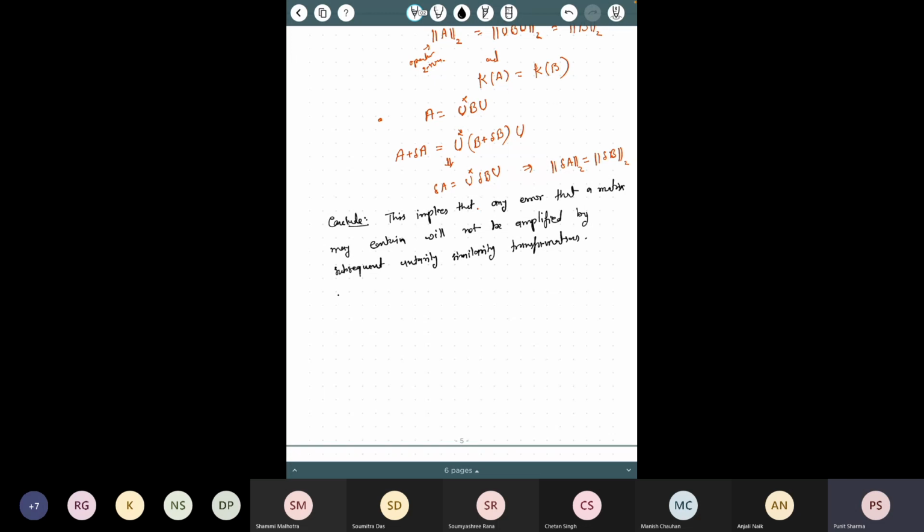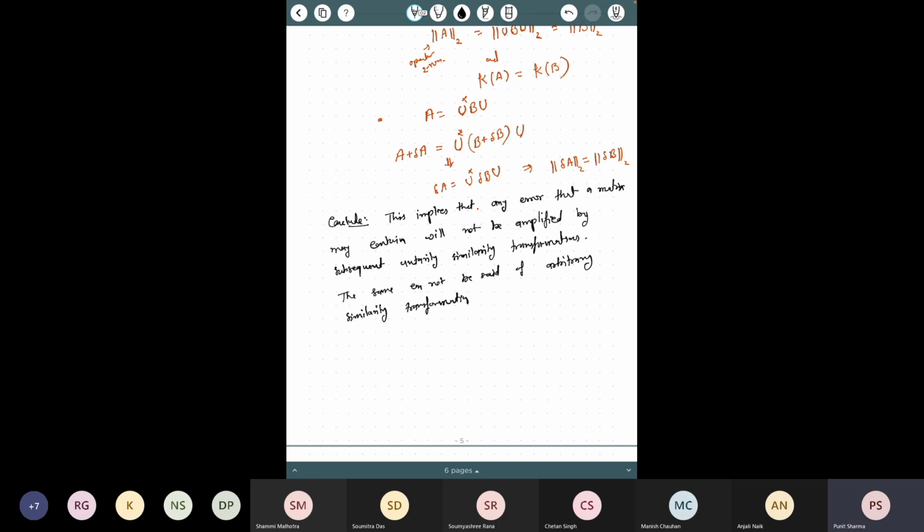But the same cannot be said of arbitrary similarity transformation. Arbitrary similarity transformation means when U is just an invertible matrix.